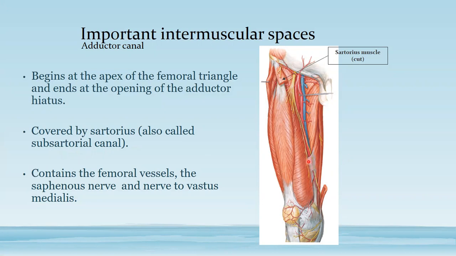The adductor canal begins at the apex of the femoral triangle and ends at the adductor hiatus. Remember our adductor hiatus? The gap between the insertions of the adductor magnus muscle. It contains the femoral vessels, the saphenous nerve, and the nerve to vastus medialis.